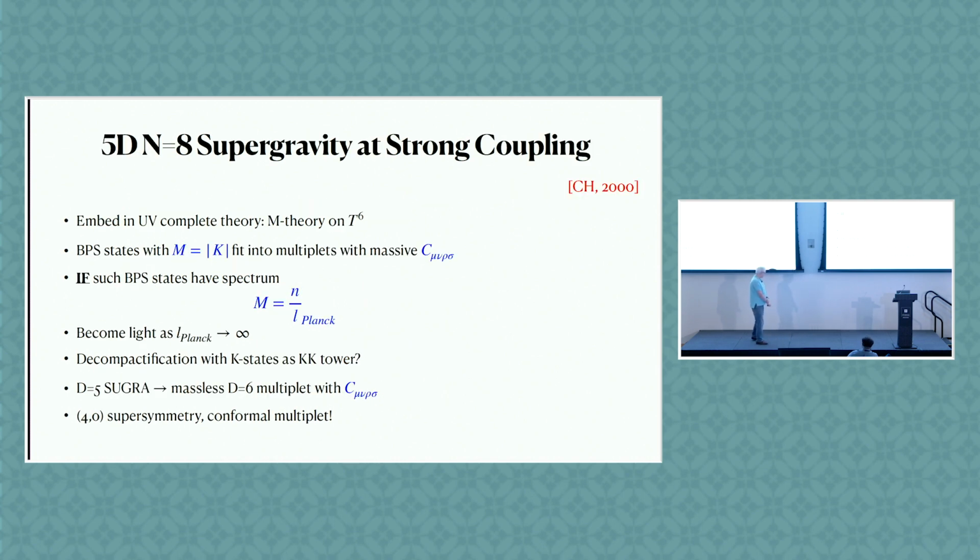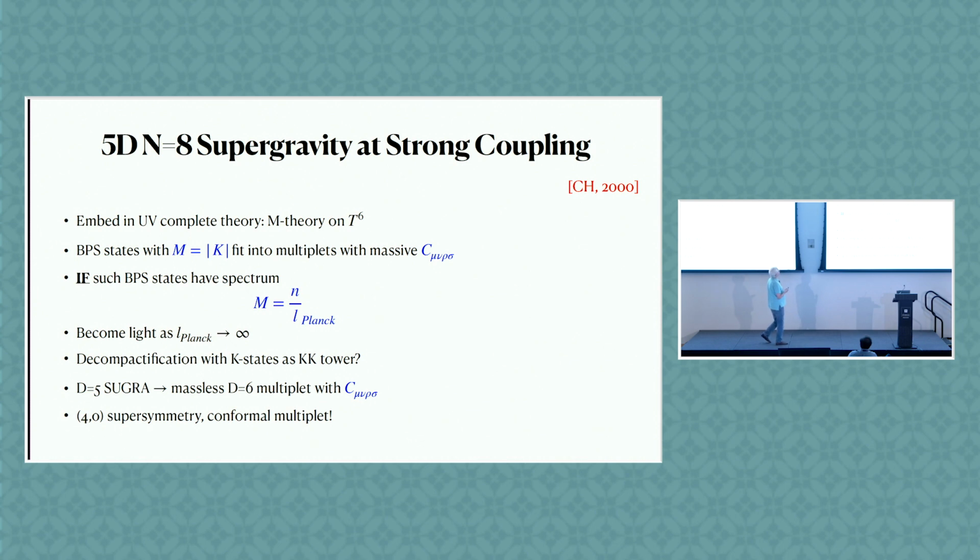My proposal was that a similar thing could happen for gravity. If we look at n equals 8 supergravity in 5 dimensions, embedded in an ultraviolet complete theory, for example, string theory on T6, and there are BPS states carrying this charge k, they would fit into multiplets with a massive 4-index tensor field.